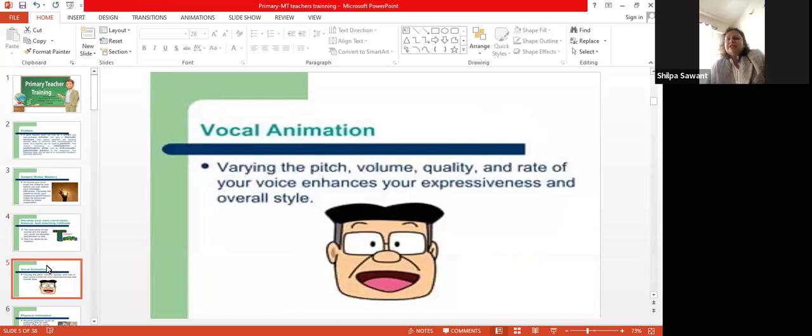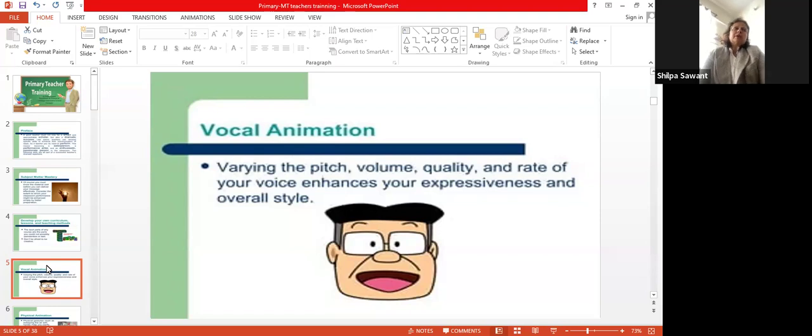Now, vocal animation. This is very important because to catch the attention of a child, you have to be very vocal and animated. That means the voice, the volume, has to have proper pitch, proper quality, and voice modulation.